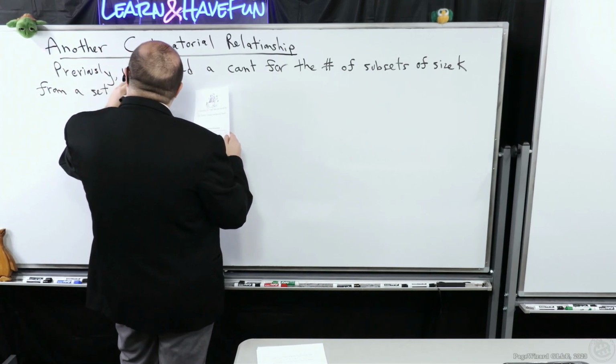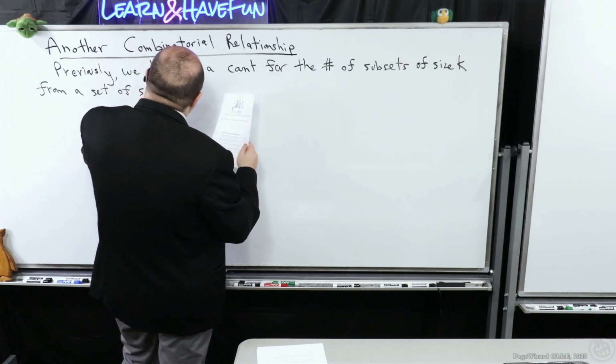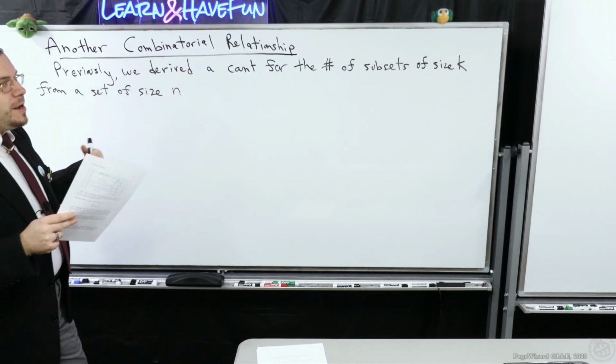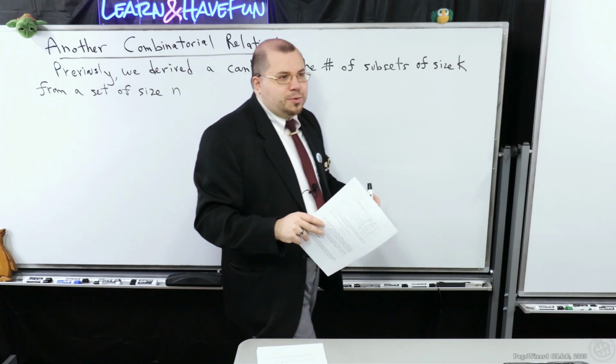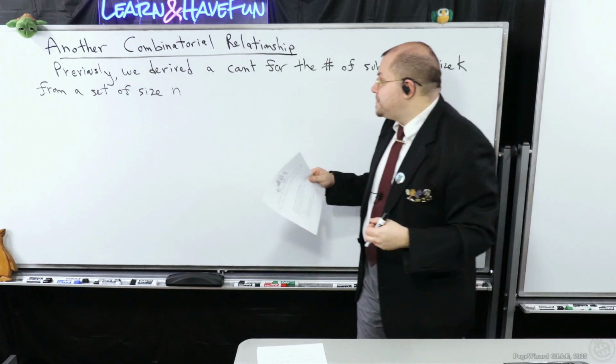So we have n objects, for example, and I want to know how many ways you can group those n objects.